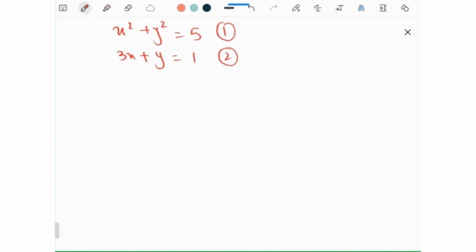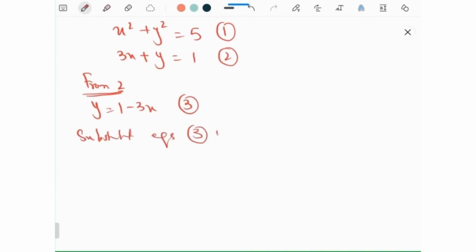Please realize that the first equation is quadratic and the second is linear. So I will make the third equation from the second. y is 1 minus 3x is the third equation. Substitute equation 3 into 1.